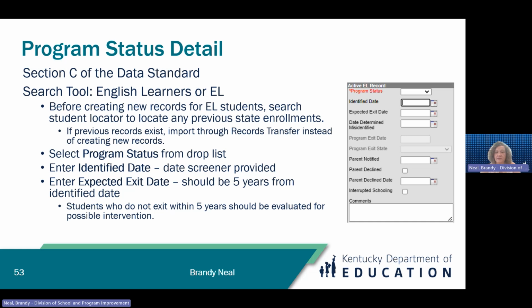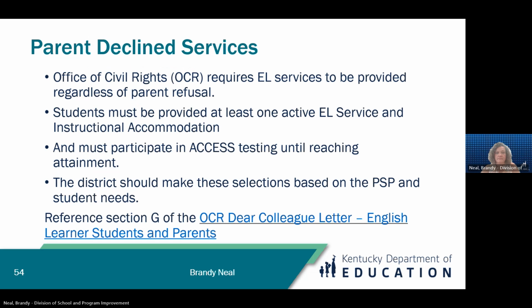Students who do not exit within 5 years should be evaluated for possible interventions. Parents decline services. The Office of Civil Rights requires EL services to be provided regardless of parent refusal. Students must be provided at least one active EL service and an instructional accommodation.